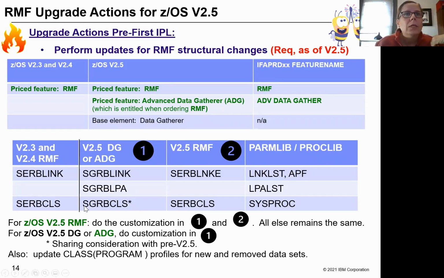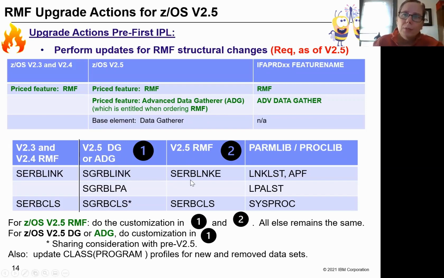And also the SGRB CLS needs to be used for SYSPROC as well. That's where the proc is going to be found. Okay, so you can see we have a new 3-character prefix, GRB, and that's for the Data Gatherer advanced and basic functions that we have within zOS 2.5.